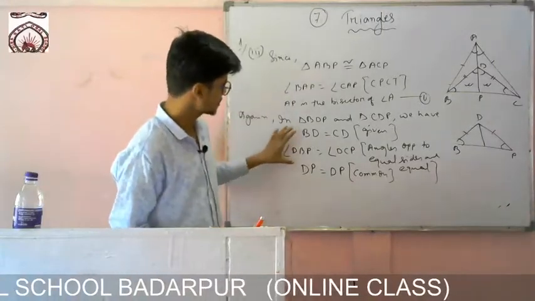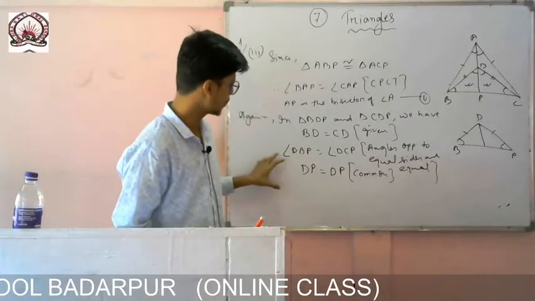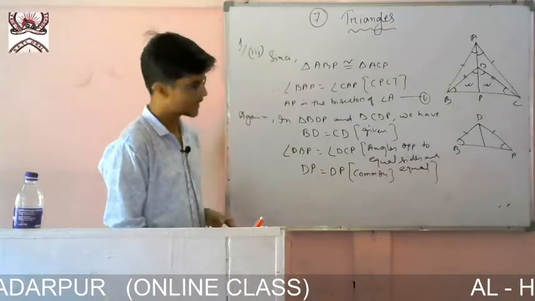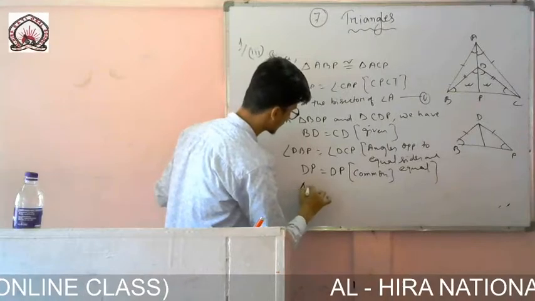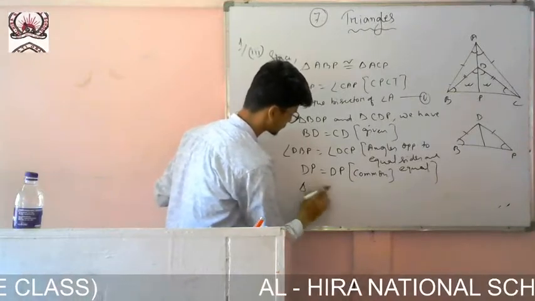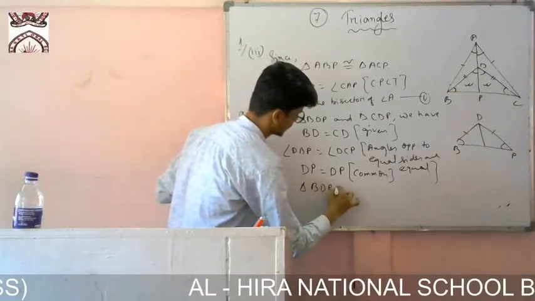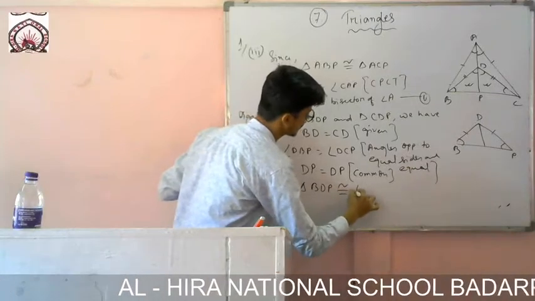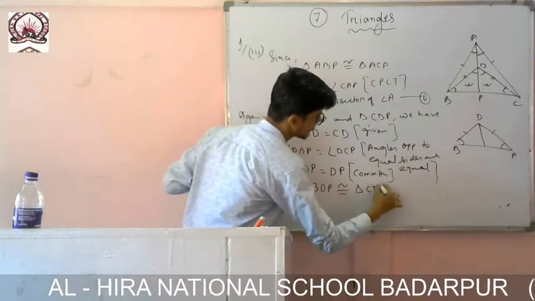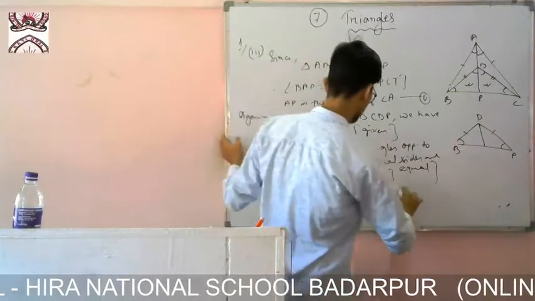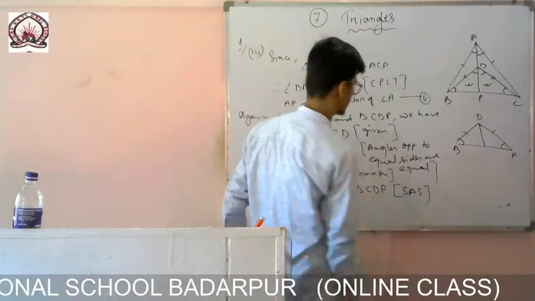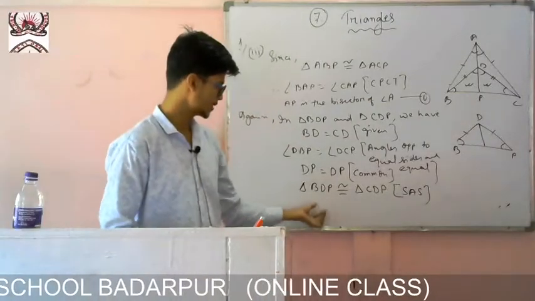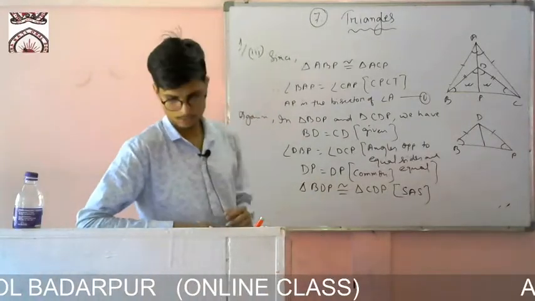Now if you see here, two sides equal, one angle equal, so I can say that these two triangles are congruent. So triangle BDP is congruent to triangle CDP, and the reason will be side angle side.